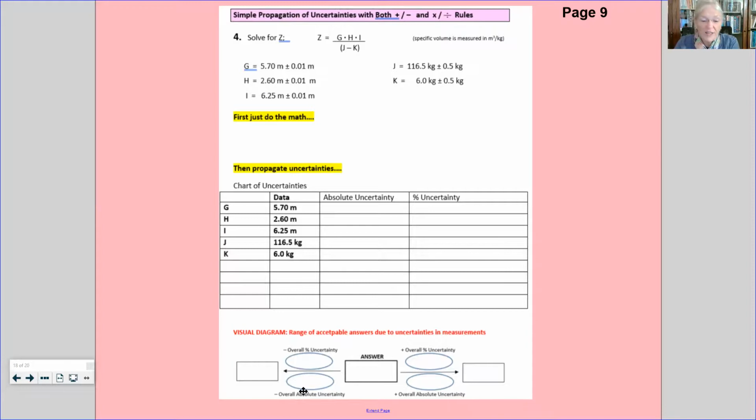It is by finding the overall absolute uncertainties that you can make these two extremes of your visual diagram of your error bars, acknowledging that not only your calculated answer using your exact data, but also this entire range represents the acceptable answers due to the uncertainties in every measurement that you made.